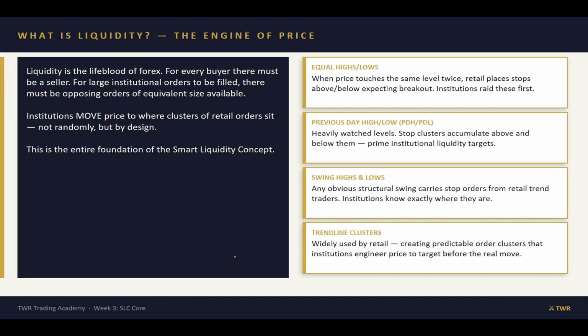Welcome. Now, what is liquidity? That's the first question. Liquidity is the engine of price, the fuel of price. Liquidity is the lifeblood of Forex. For every buyer, there must be a seller.